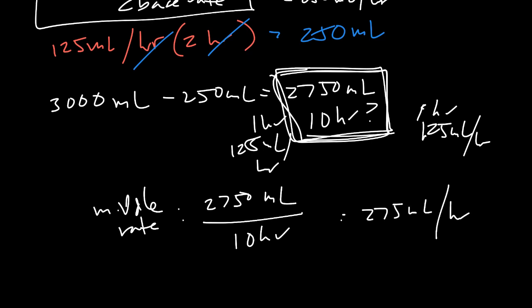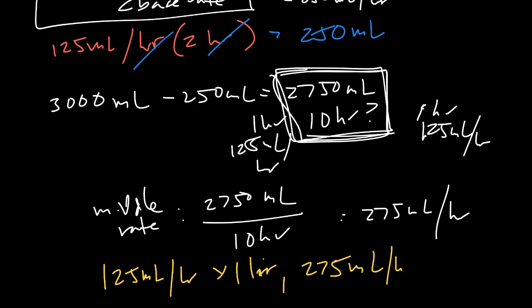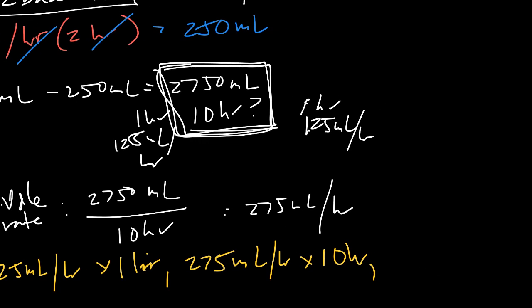So your final tapering instructions are 125 mils per hour for 1 hour, then 275 mils per hour times 10 hours, ending at 125 mils per hour times 1 hour.